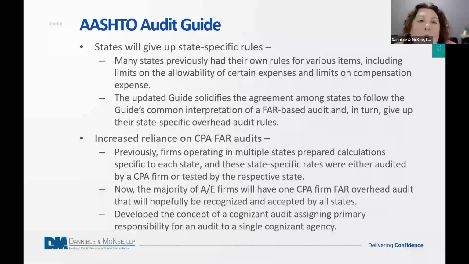So the whole point of this AASHTO audit guide is really so that states give up their specific rules. So many states prior to 2007 really had their own specific guidelines of what was allowable and what was unallowable.